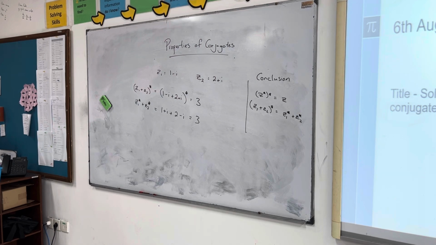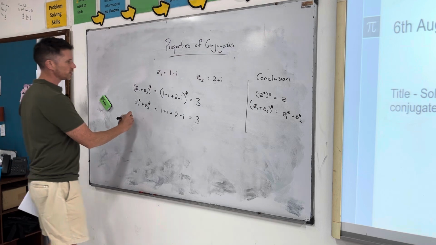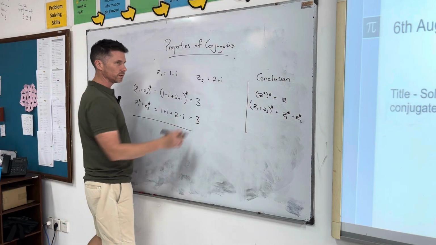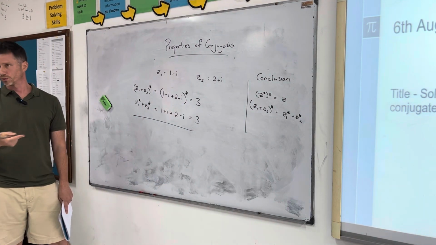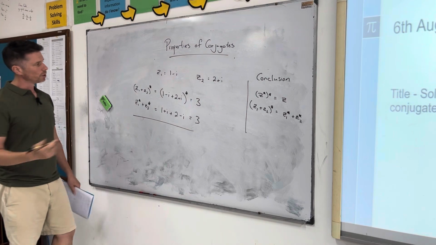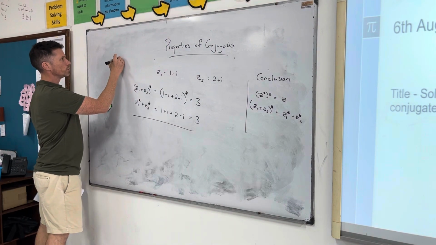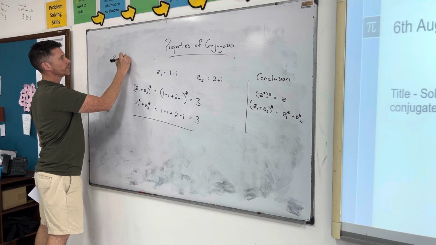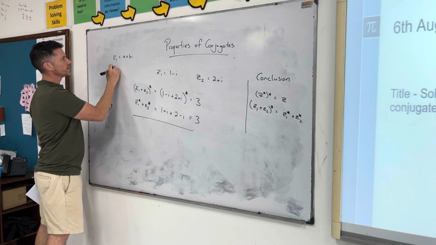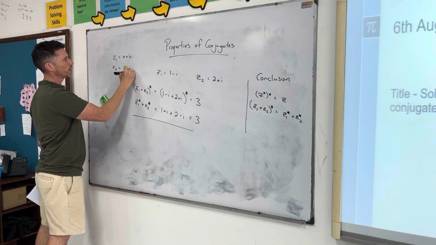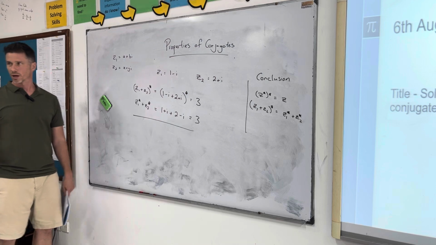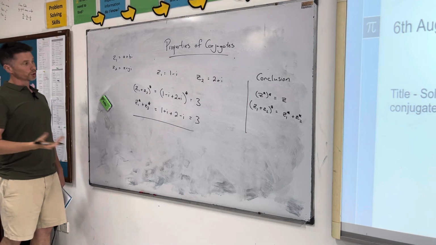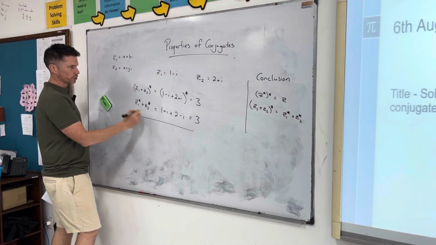I suppose, yes. What you could do in a lot of these cases is instead of picking one example, which is what we're doing there, we pick every example. We could call Z1 a plus bi and Z2 x plus yi. And that just accounts for any variable. So maybe we'll do it with this one, just to prove it.